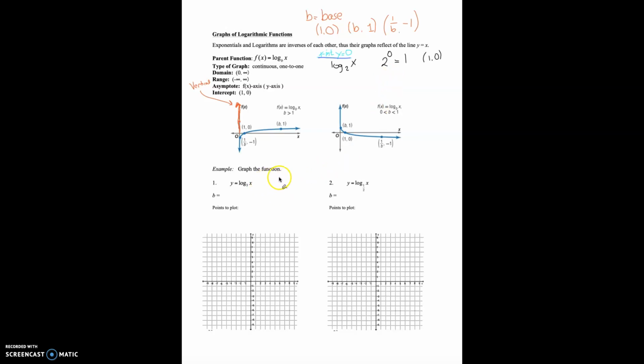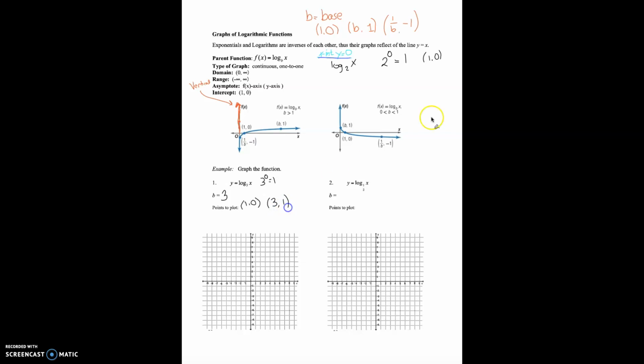Now, when we're graphing, you're always going to look at your base. So this base is 3. So for problem 1, I know, hey, my base is 3. And I know that 3 to the 0 power is 1. So my intercept is 1, 0. Now our other points, and I have them up at the top in red, are the points, whatever your base is, and then the answer is 1.